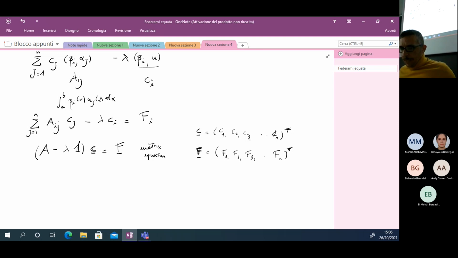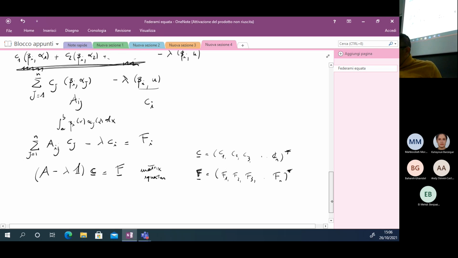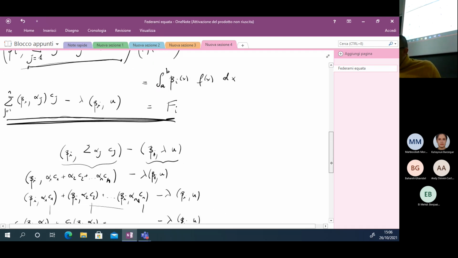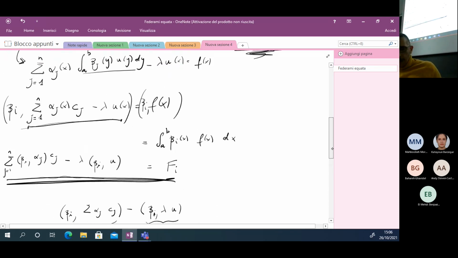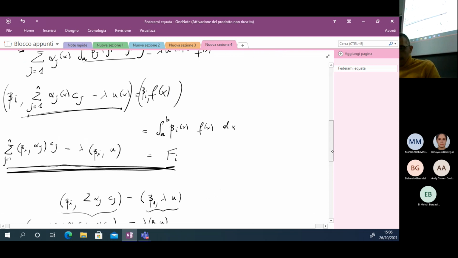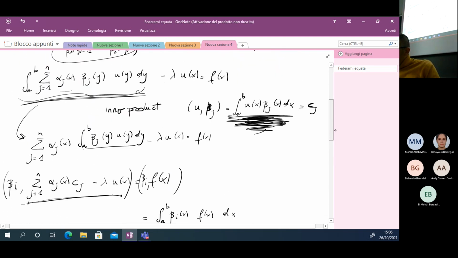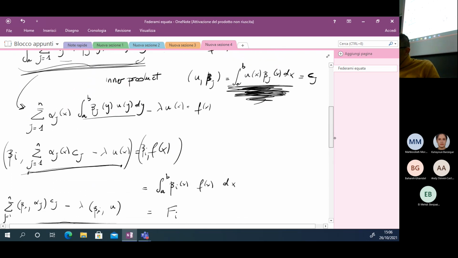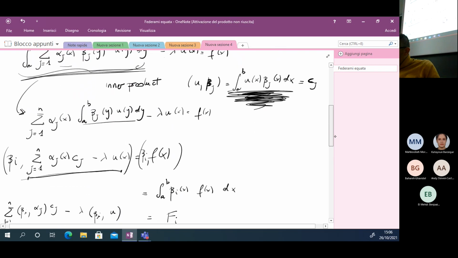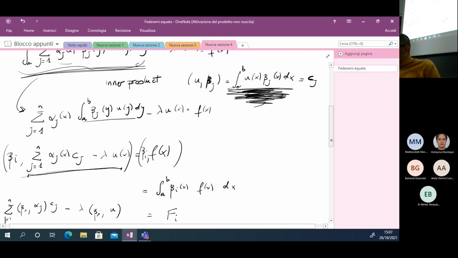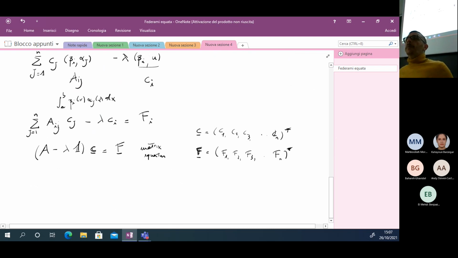let me go back very quickly to the form of the Fredholm equation with this separable kernel.